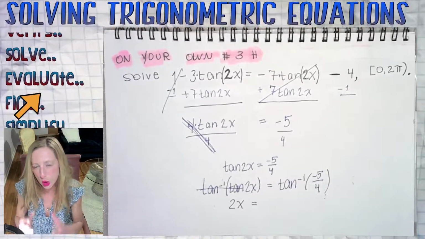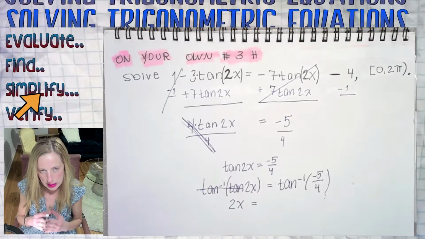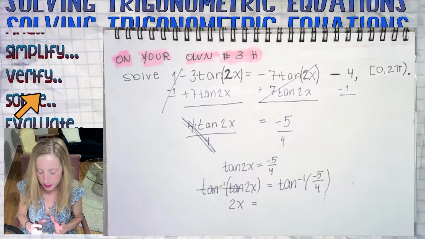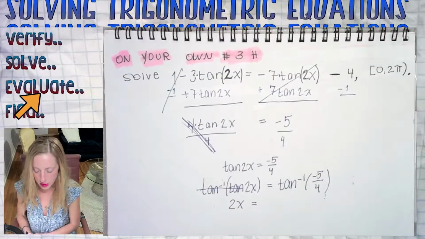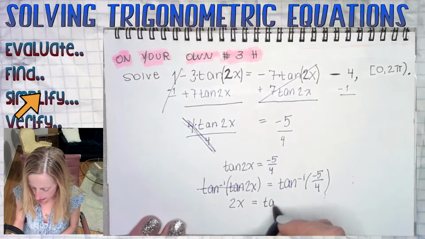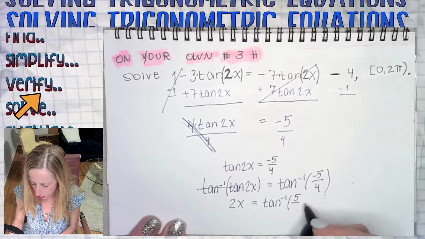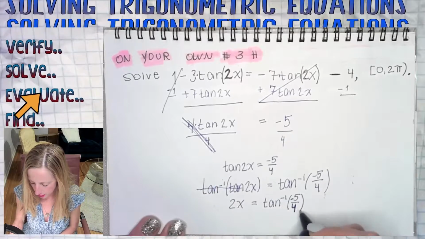Now remember, when you take the tangent inverse yourself, you need to include all the answers up front, and then we're going to narrow it down to our window after.